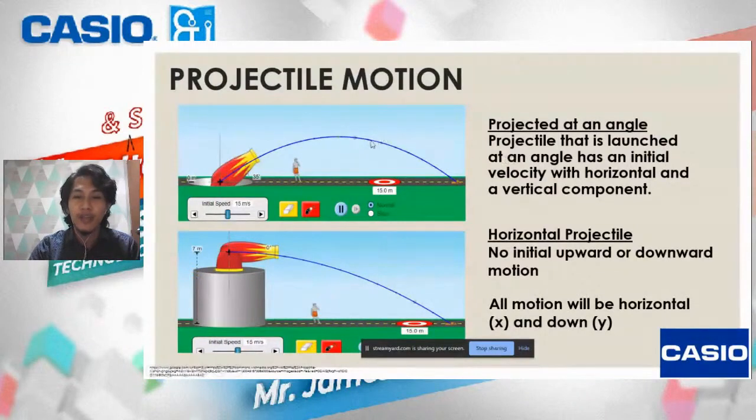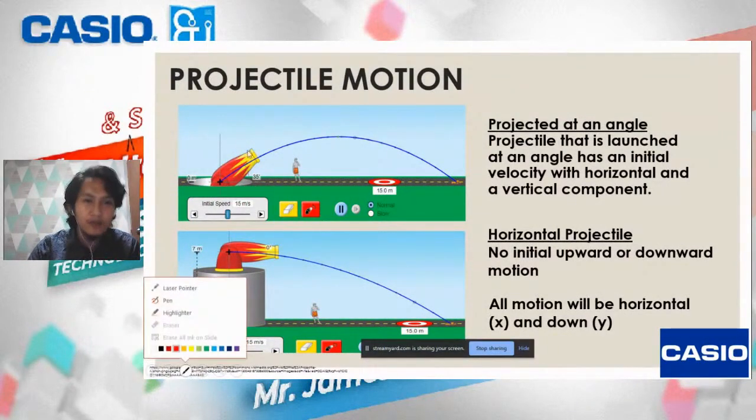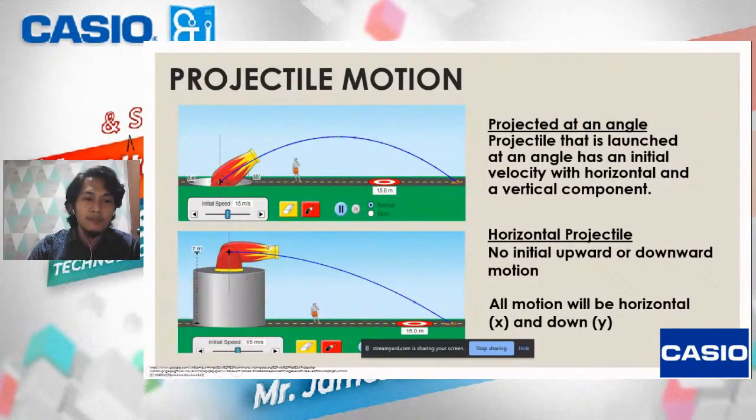This motion has two components, horizontal and vertical. So right away, we have an initial y component and an x component.